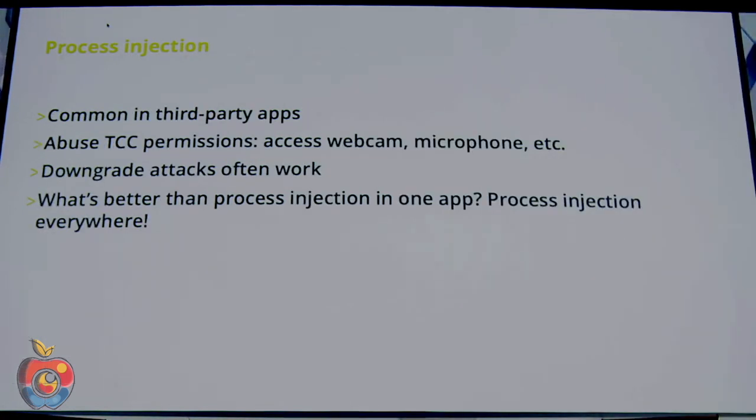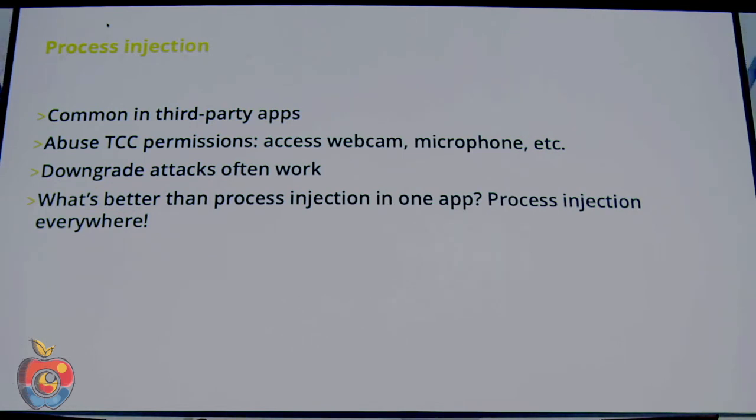Now, it's pretty common to find a process injection vulnerability in a third-party application, especially because third-party developers often don't know about these different kinds of permissions. So you often have to explain the entire security model and then why what they are doing is an issue.